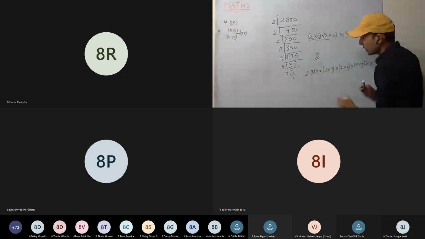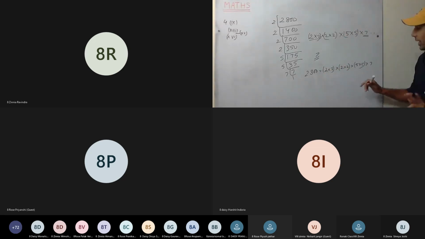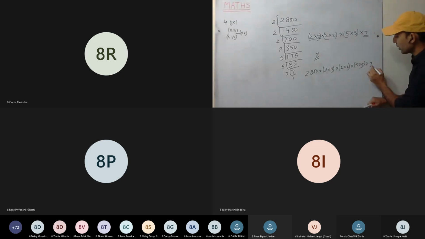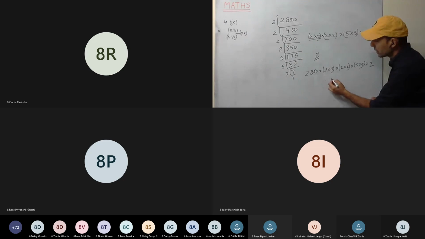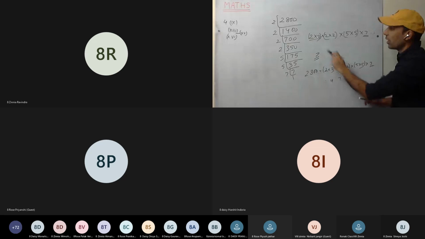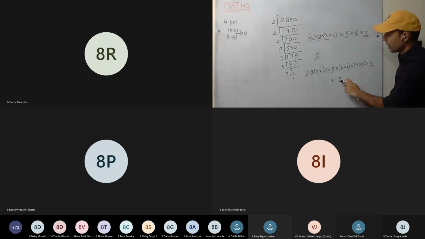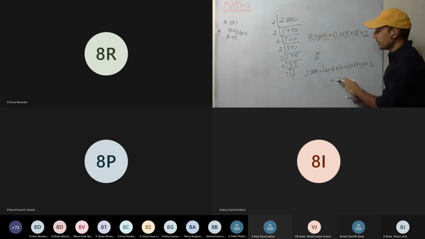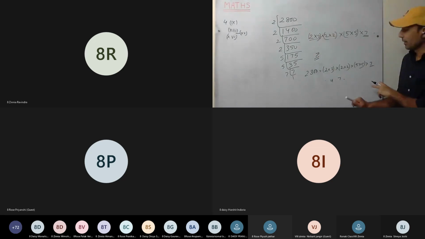Make the pairs. Then you can write that 7 does not appear in a pair. Therefore, if we divide by 7, the resultant number is a perfect square.